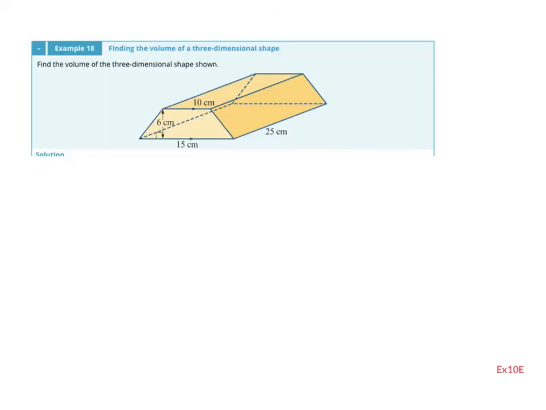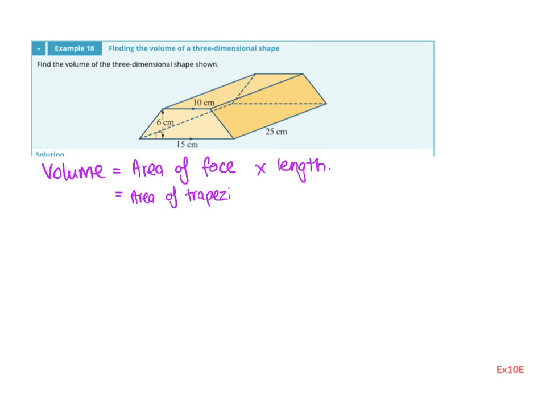Okay, so then with this next one, what you're going to find with volume is it's often measured like you say, the area of the face times the length of the object. In this example, the area of the face is actually the area of a trapezium, and then we're going to say times the length.